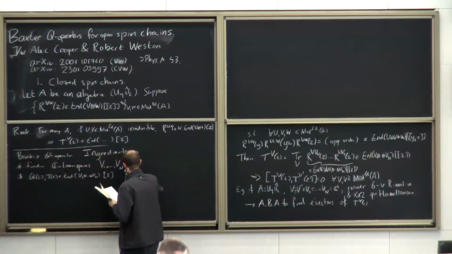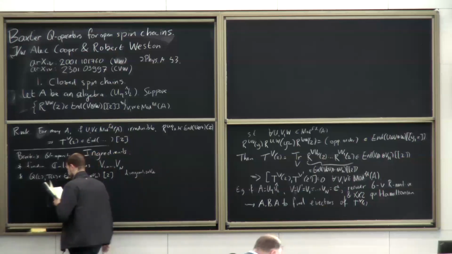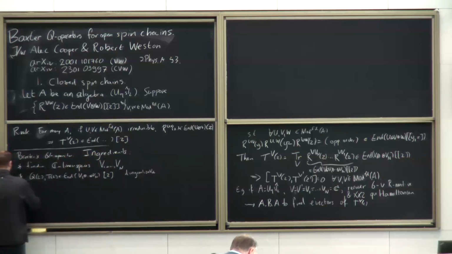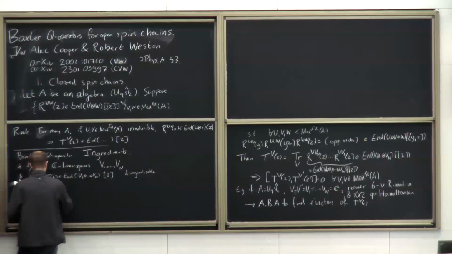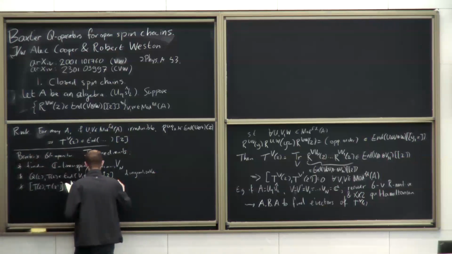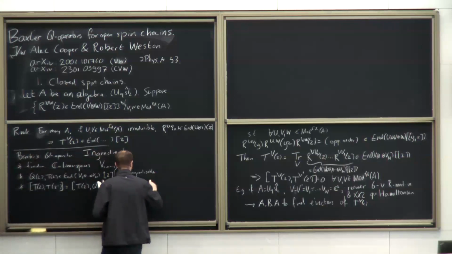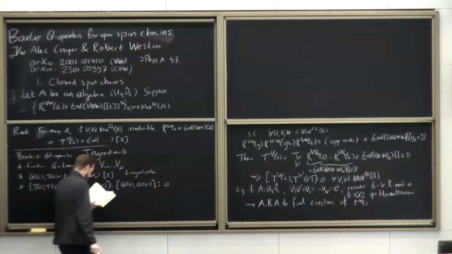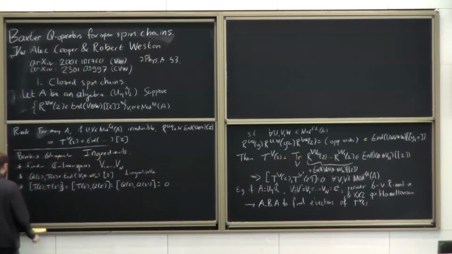We assume they're diagonalizable, and then they commute in various combinations. These are, in some sense, generic conditions.